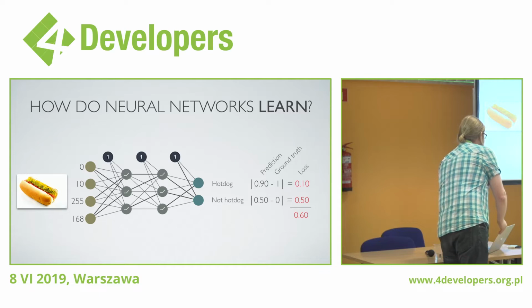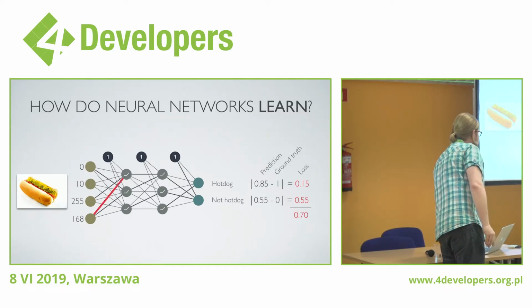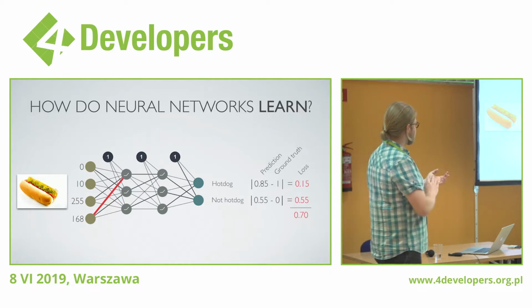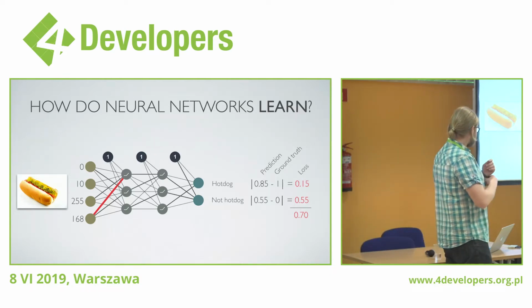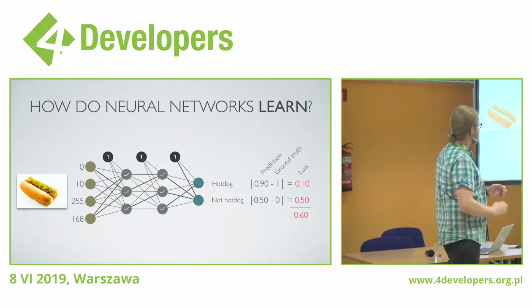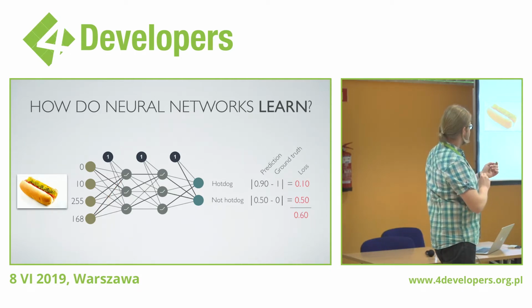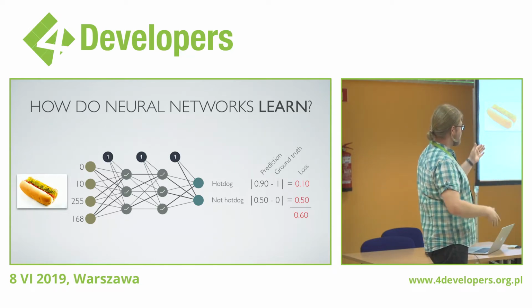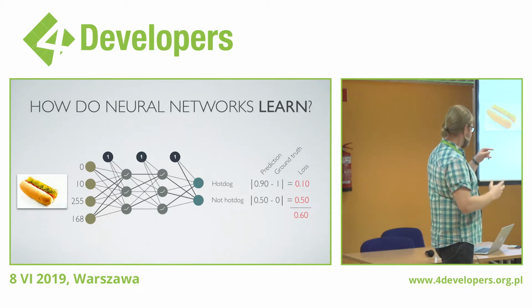That's the loss function. And we can now ask ourselves, what would happen if we changed one of these weights? Beforehand, the loss that we were getting was 0.6, because we're just calculating the difference between the ground truth and the prediction and summing it up.